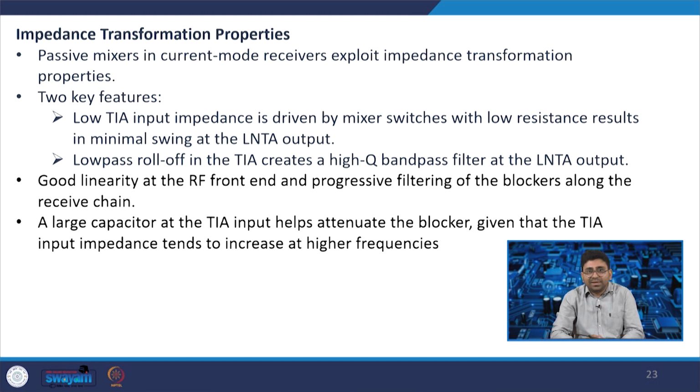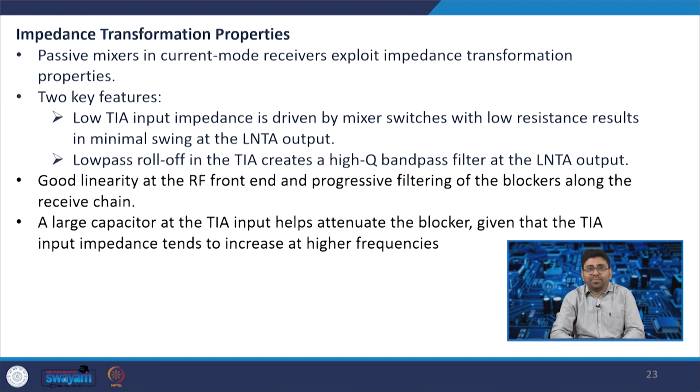Passive mixers in current mode receivers exploit the impedance transformation property. There are two key features of this. Low impedance: the amplifier output is driven by a mixer with a low resistance, which results in a minimal swing at the LNTA output.